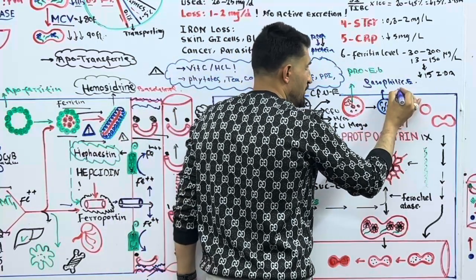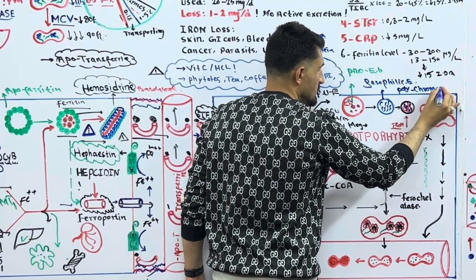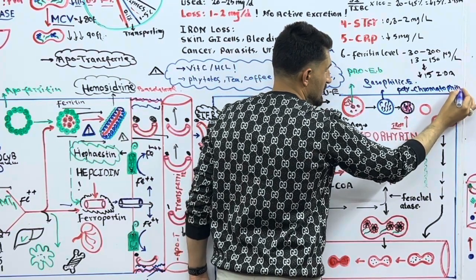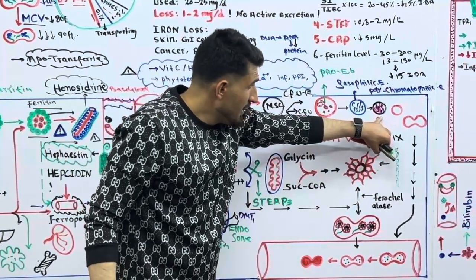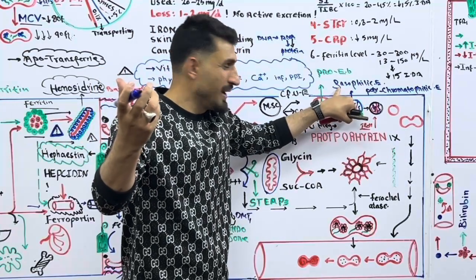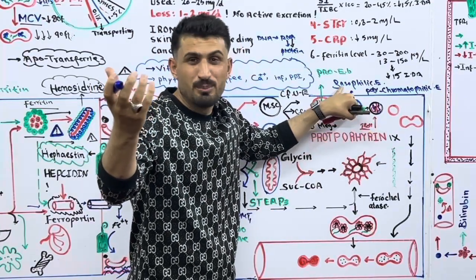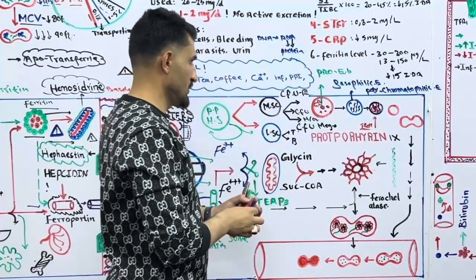So this is called polychromatophilic erythroblast. It means this RBC likes a lot of colors. It likes red colors. It likes blue colors. So that's why this is called polychromatophilic erythroblast.